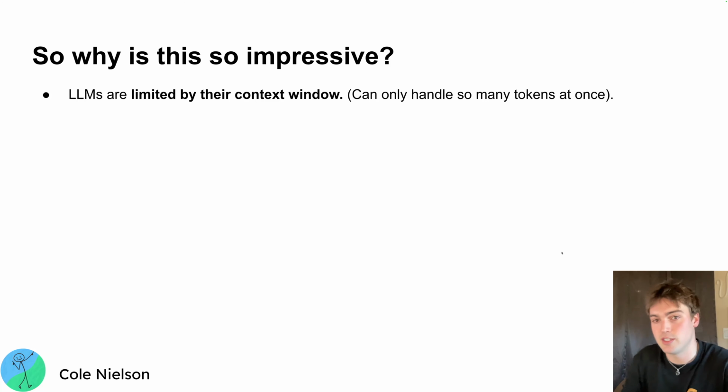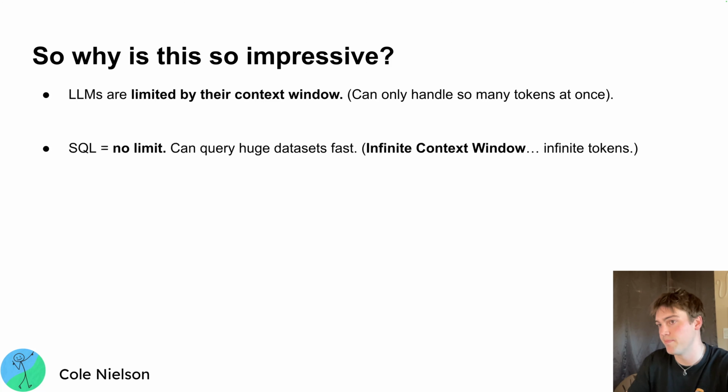For example, ChatGPT 4.0's context window is 128,000 tokens. Anything above that, it will ignore, or it won't be able to process the entire data set. SQL has no limit, and it can query huge data sets fast. So it kind of has an infinite context window.